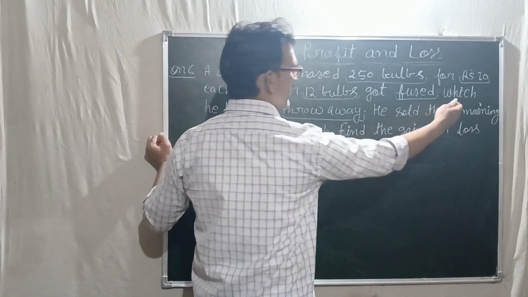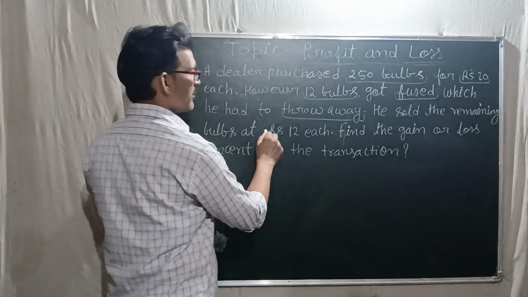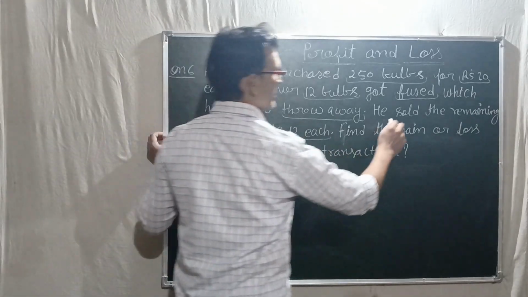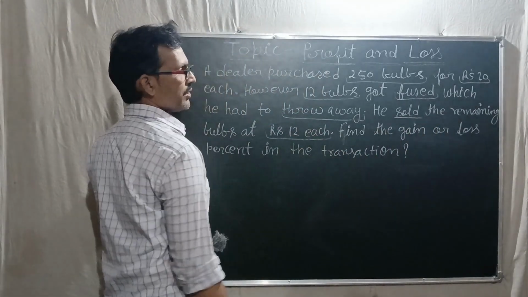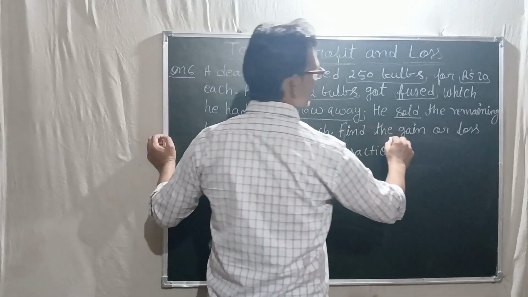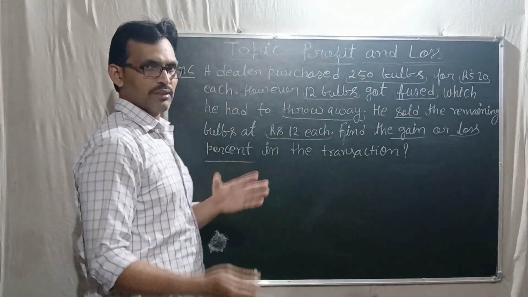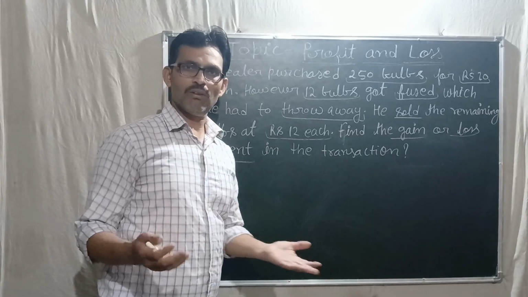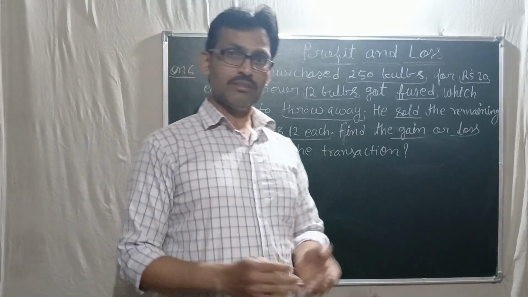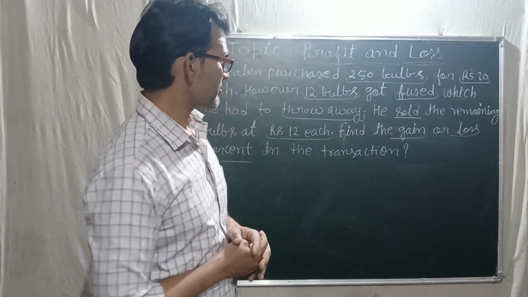He sold the remaining bulbs at rupees 12 each. Find the gain or loss percent in the whole transaction. So what was the gain or loss in the transaction? We have to find here.